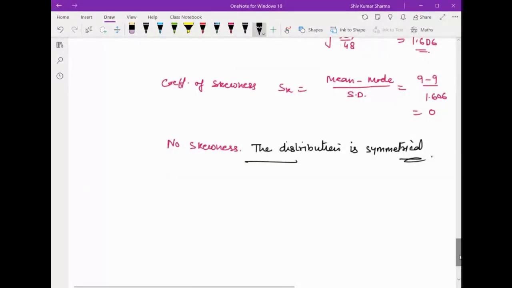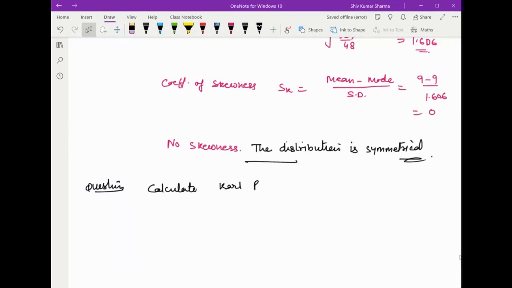Next problem. Calculate the Karl Pearson coefficient of skewness of the data.